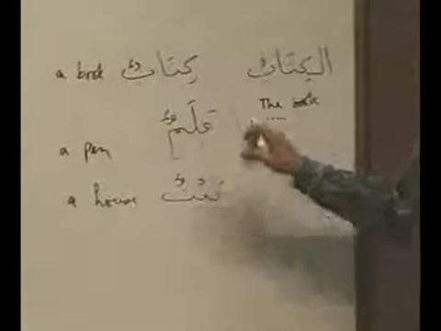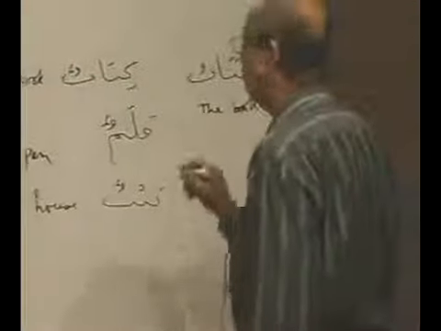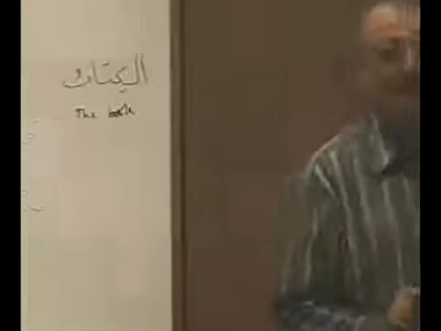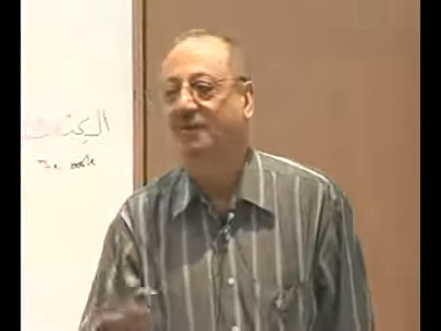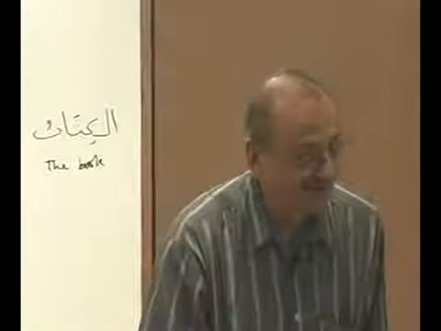Got the idea? Now, if I say kalamun, a pen, I want to say the pen. What will I do? Al-kalamu. But these are the basics. I know most of you already know. But I'm starting from the very beginning in case there is a student who's coming for the first time to learn Arabic, so that he gets some idea, inshallah.